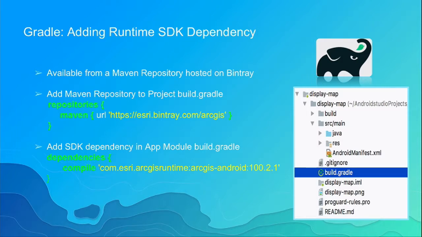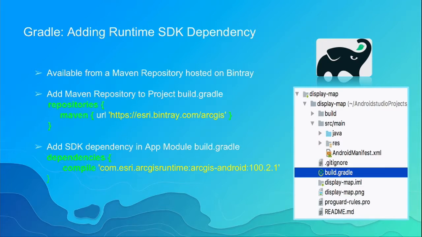That's where you specify where the Maven repository of your dependencies is coming from, and that's the URL that you need to use to get the ArcGIS Runtime Android SDK, which is esri.bintray.com/ArcGIS. And then in your app module, you just add your dependency where you specify the compile option and then provide the Android SDK package name and the version with which you want to work.